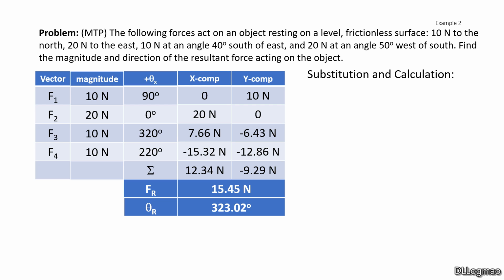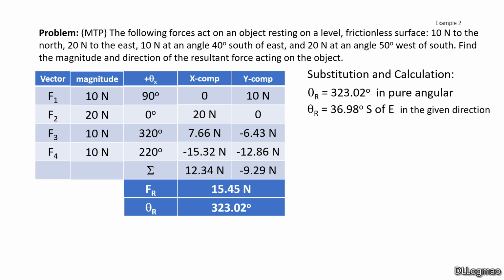The direction of the resultant obtained is in pure angular direction. It should be converted or expressed as combined angular and wind direction, just like the direction of the given forces. 323.02 degrees in pure angular is equal to 36.98 degrees south of east in the given direction. Write this on the table.